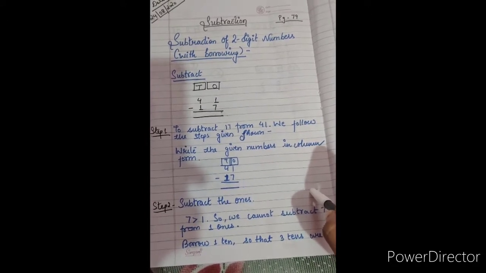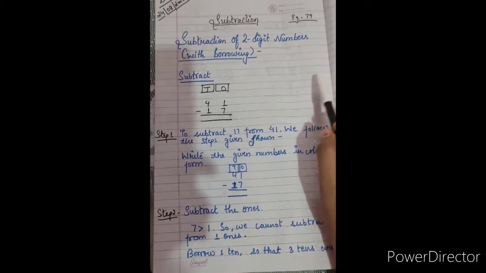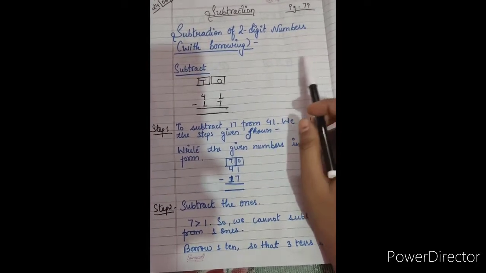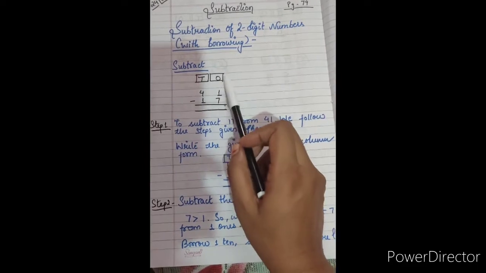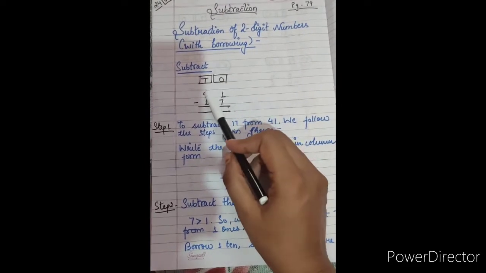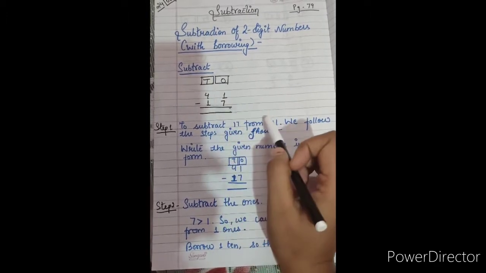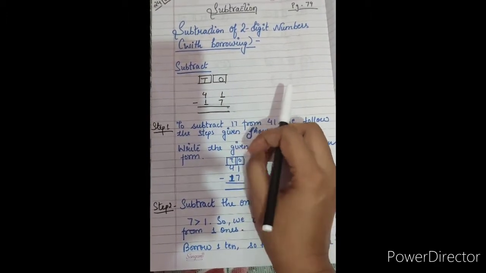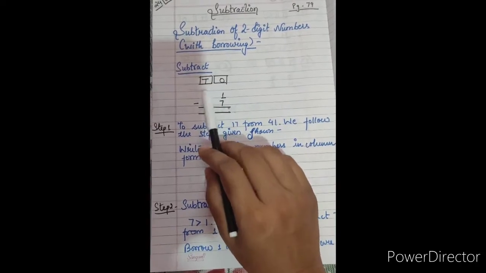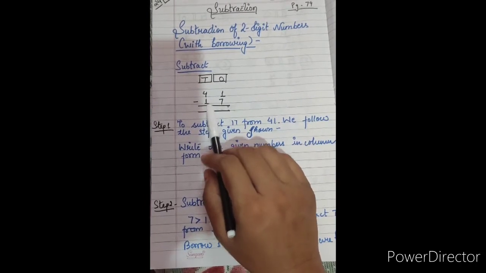Yes. So now we will start subtraction with borrowing. See question number 2 of page number 79. Subtract. O means ones, T stands for tens, and 4117 minus, right? Step 1 is, if the given numbers are already arranged column-wise, then we start from step 2.